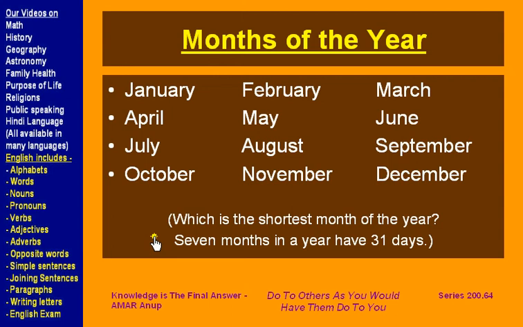But when we talk about month in common terms, like when we say which is the shortest month of the year, the M in month is not capitalized. Or when we say 7 months in a year have 31 days, M in months is again not capitalized. So the names of the months are capitalized.